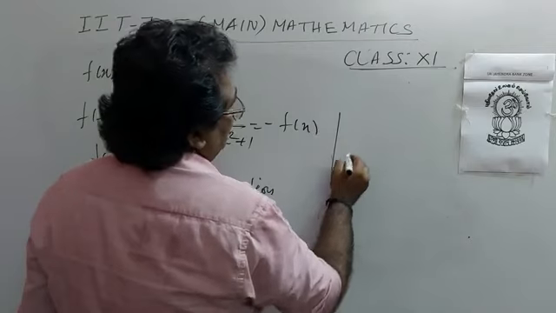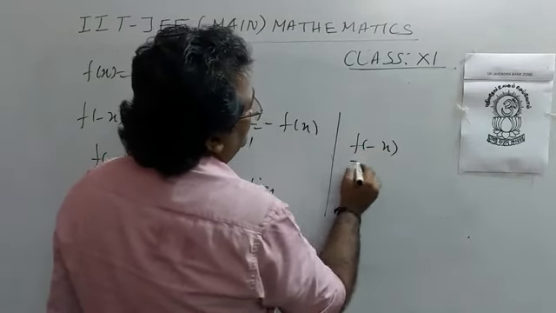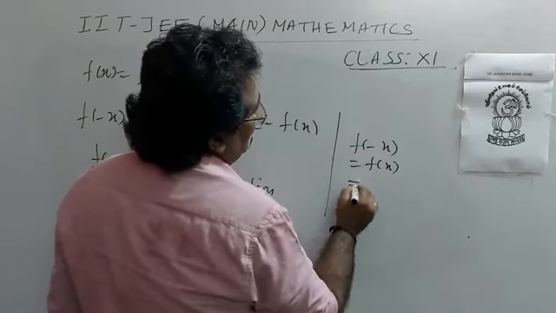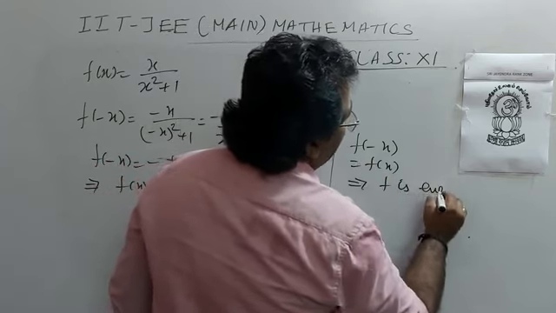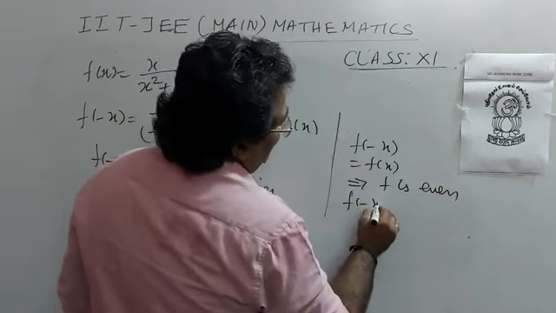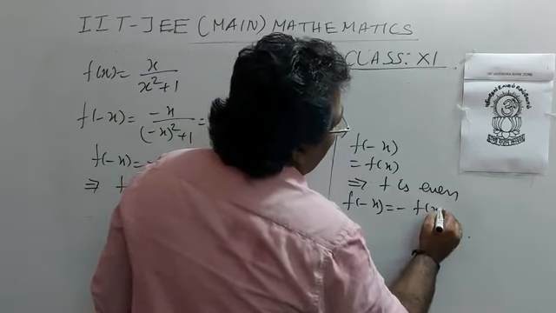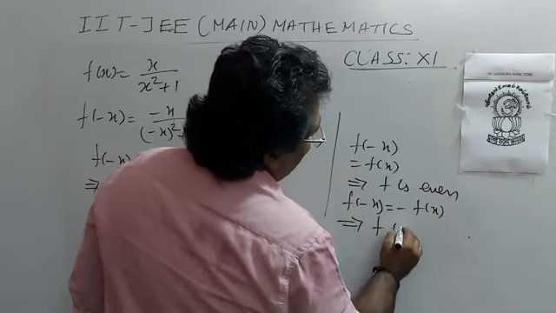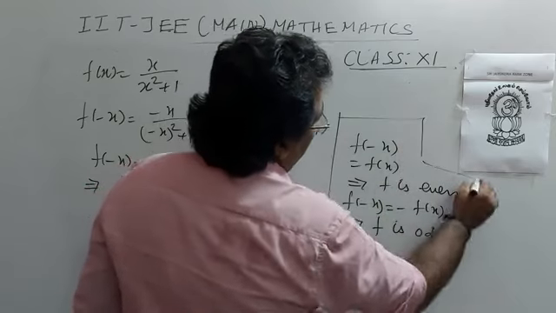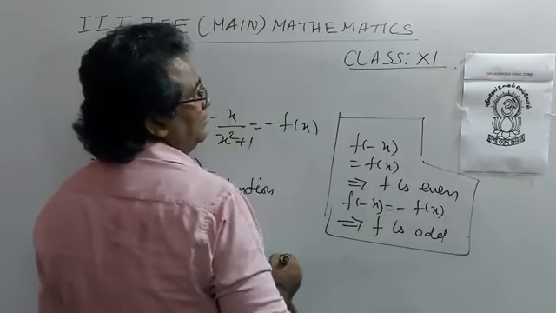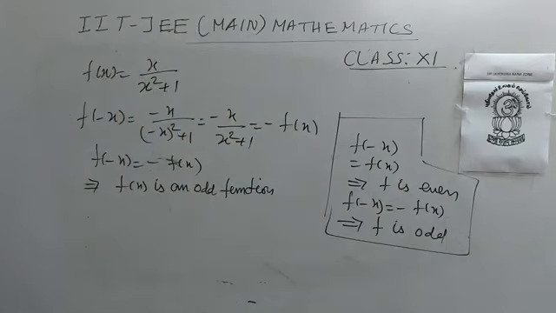You remember this: f of minus x equal to plus f of x implies f is even; f of minus x equal to minus f of x implies f is odd. Very important.